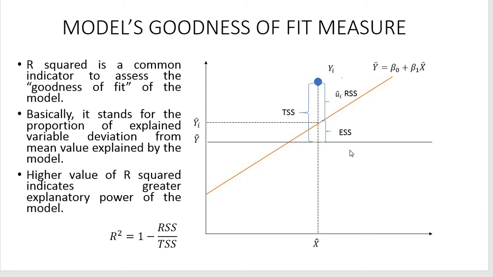Intuitively, it will not depend on the value of the independent variable. And finally, here we have the actual value of y. As you remember, the difference between estimated and actual value of y is called residual or error term.